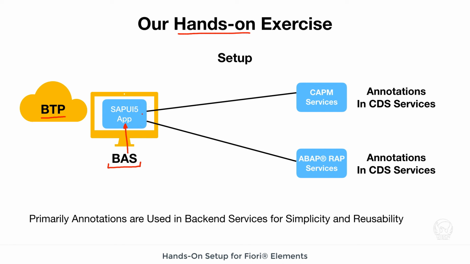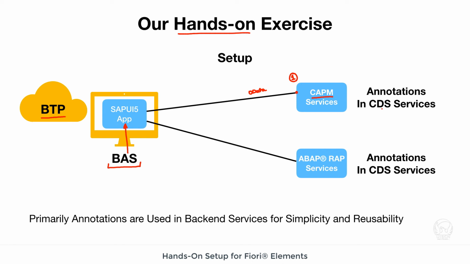Now this SAP UI5 application will be getting the oData based services, and there are two ways by which we are going to create this oData service. First is with the help of the CAPM framework. So CAPM is a framework to create full stack applications.